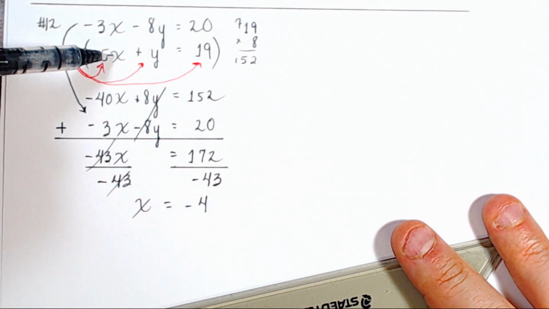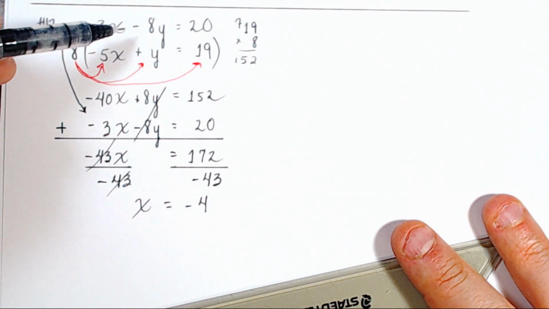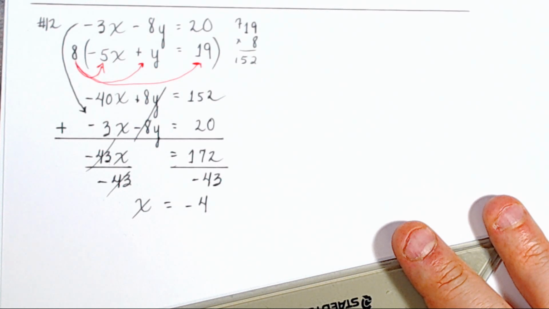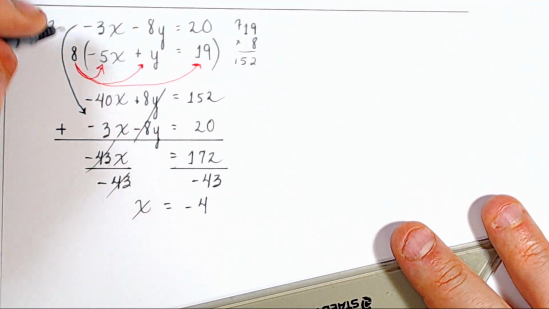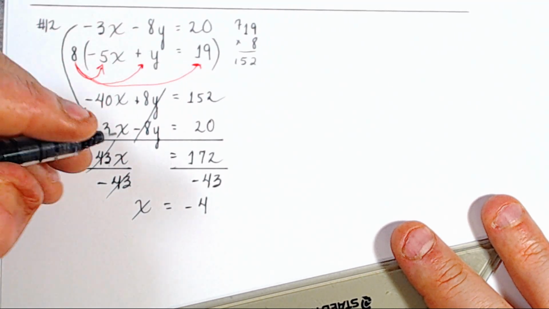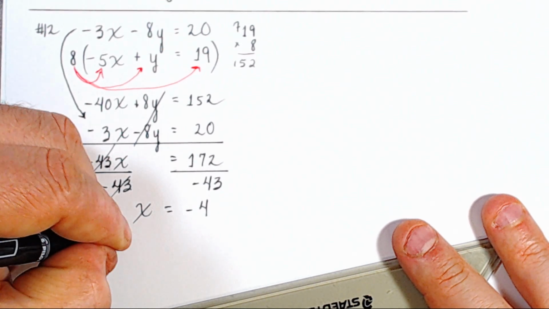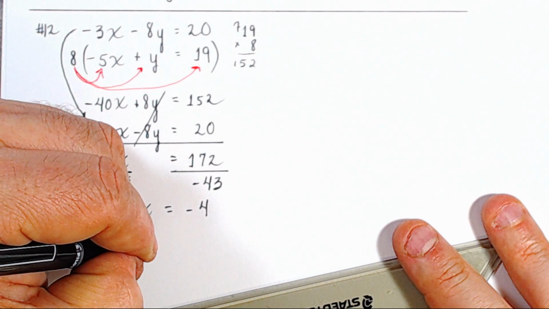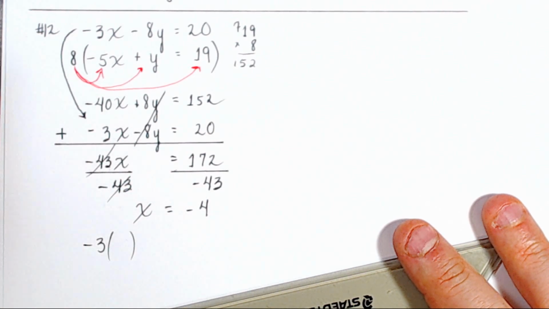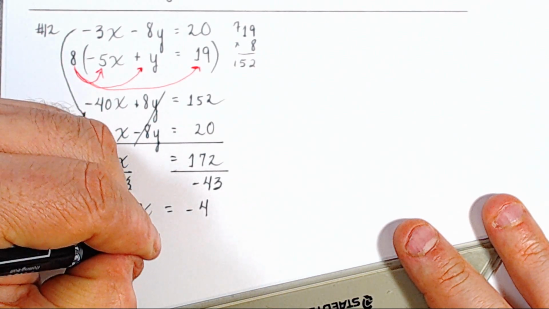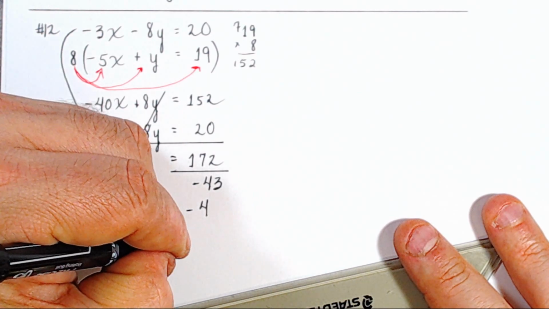So I can plug this into either of our original equations. It has to be the original equations. So I'll go back here and plug it into this top one. Negative 3, open parentheses, close parentheses, minus 8y equals 20.